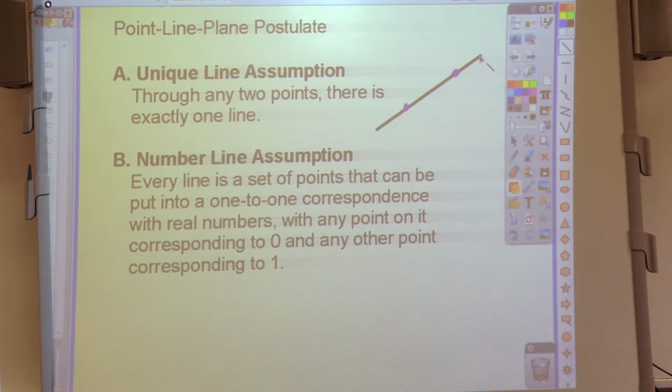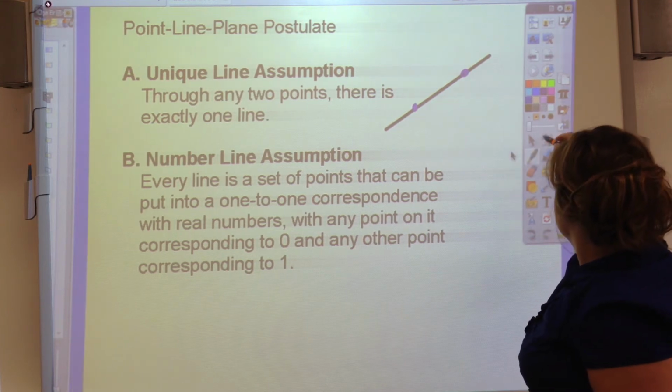The unique number line assumption says that every line is a set of points that can be put into a one-to-one correspondence with the real numbers. That means for each and every real number, there is one and only one point that corresponds with it on the number line.